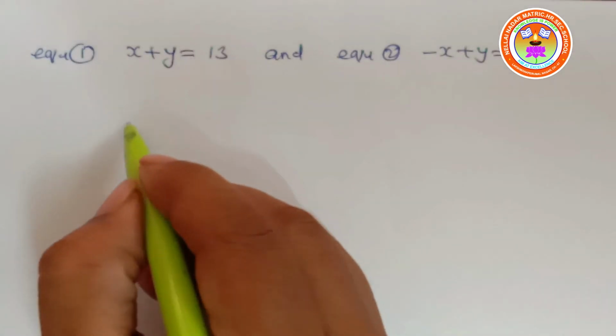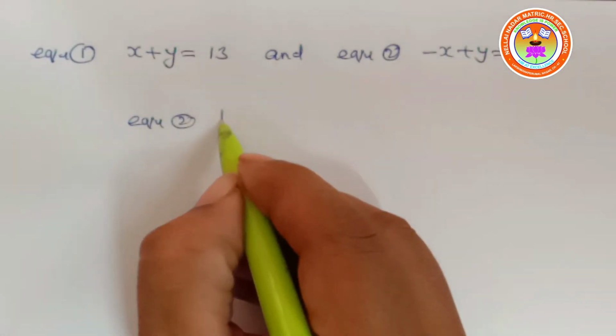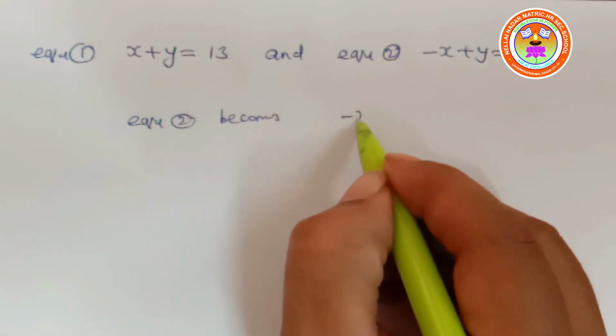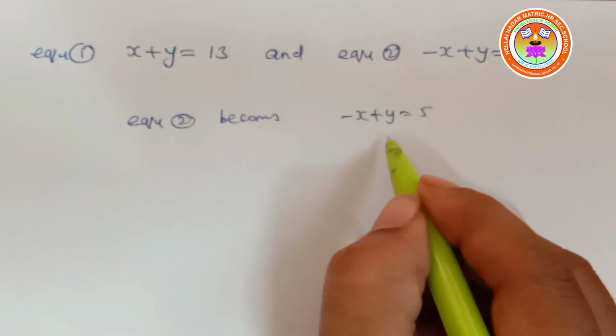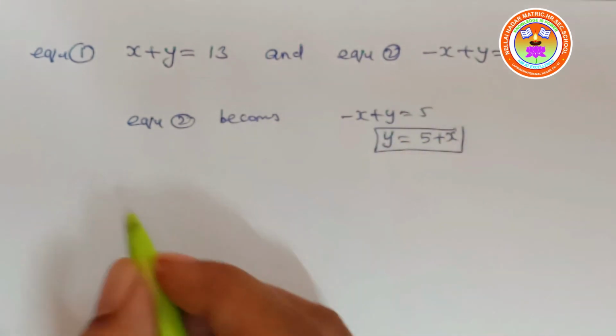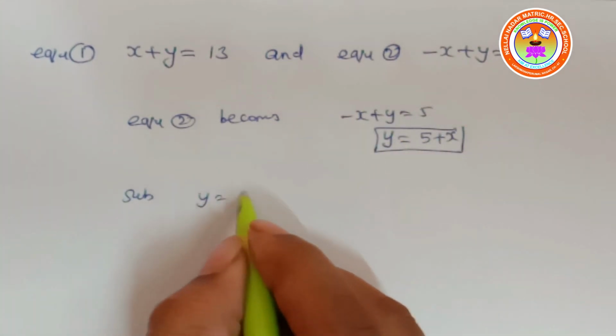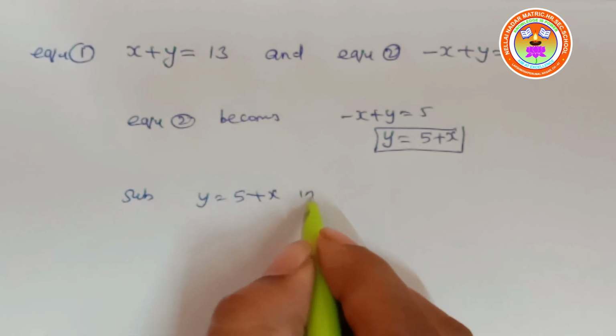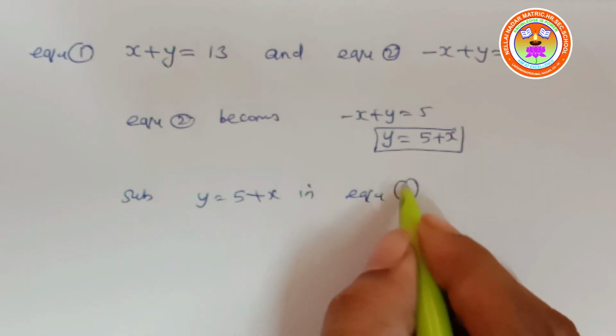Now equation 2 becomes minus x plus y is equal to 5, so y equal to 5 plus x. Substitute y equal to 5 plus x in equation 1.